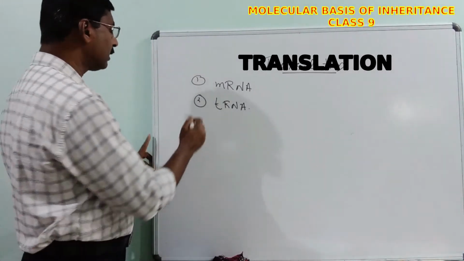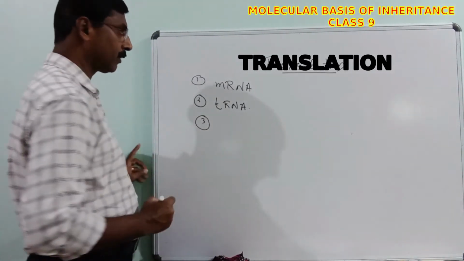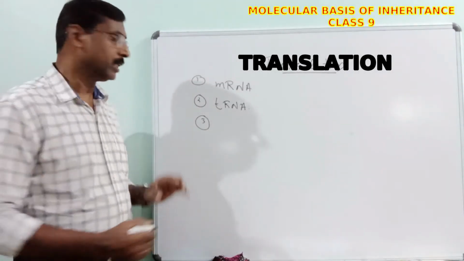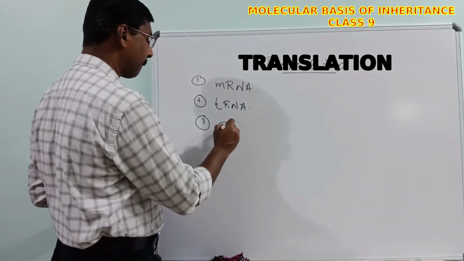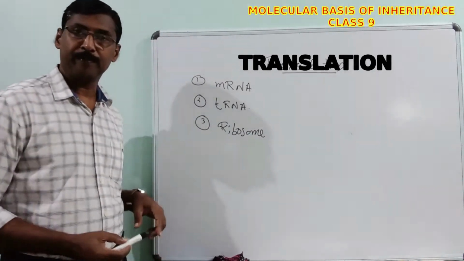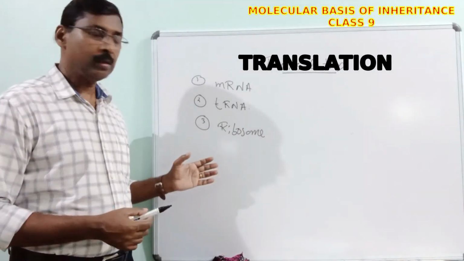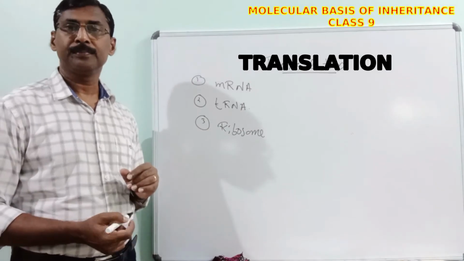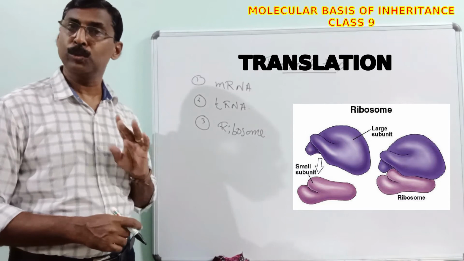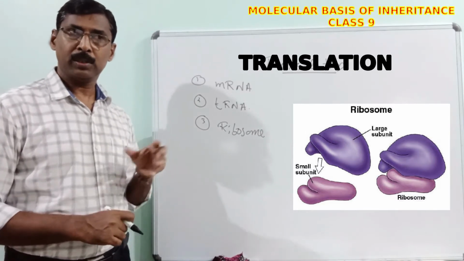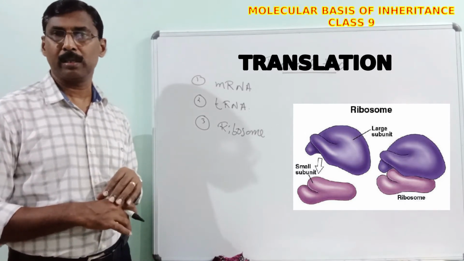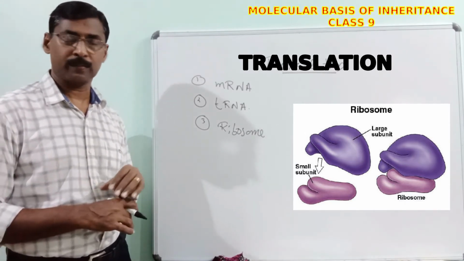Now the next component in the translation process is the ribosome. Ribosome has two subunits. The eukaryotic ribosomes and prokaryotic ribosomes are different in their sizes and slightly in their functions.